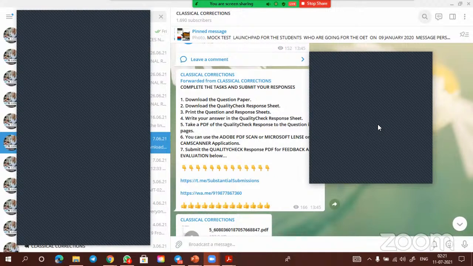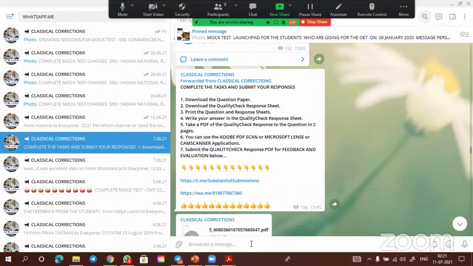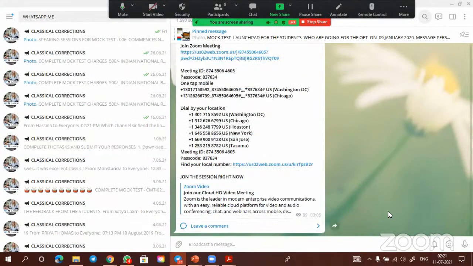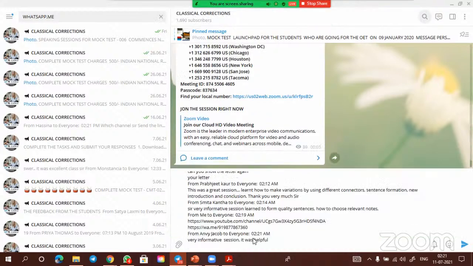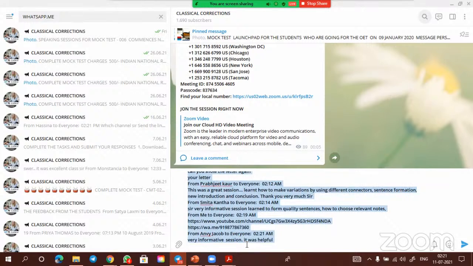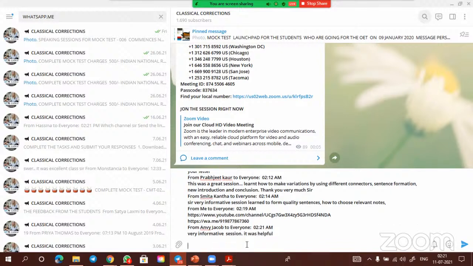How was this session different from our previous sessions? You form the sentences in your own way, and you chose the connectors to give more effectiveness.